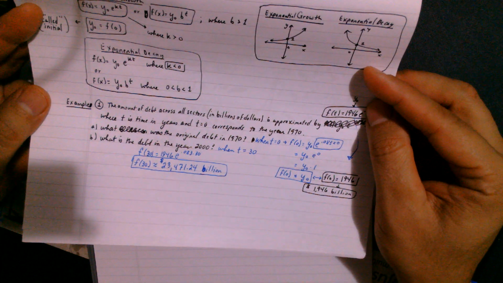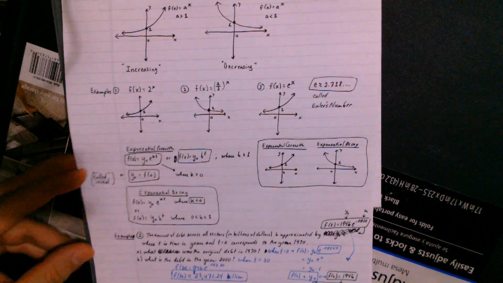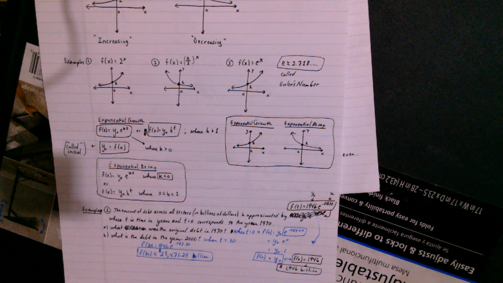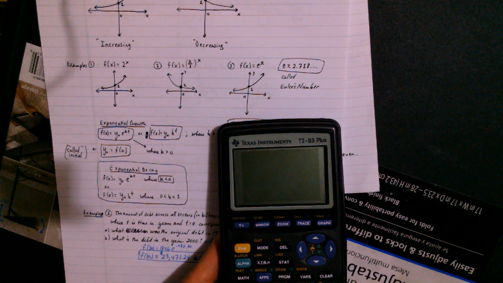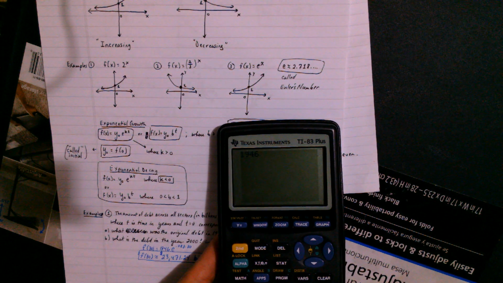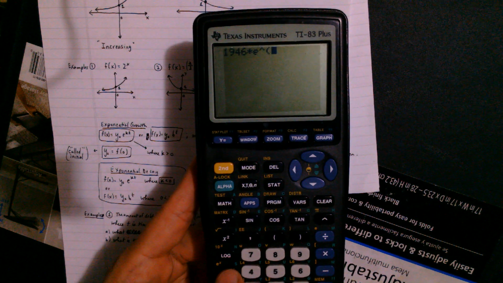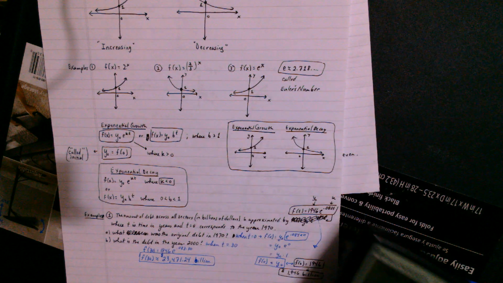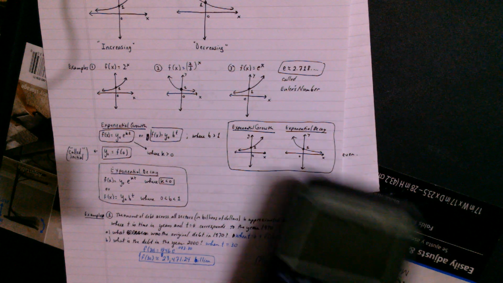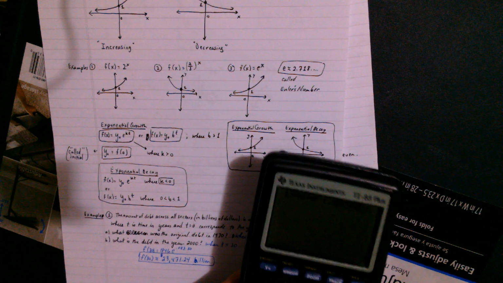What is the debt in the year 2000? Well, 1970 is 0. 2000 minus 1970 is 30. So the idea is to approximate, plug it in here, putting the 30 in. So if I may, see if you can see it here. 1946 times, and I have a second and an ln button, the E button right there, and 0.083 times 30.